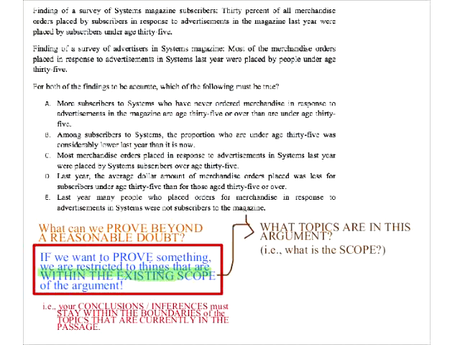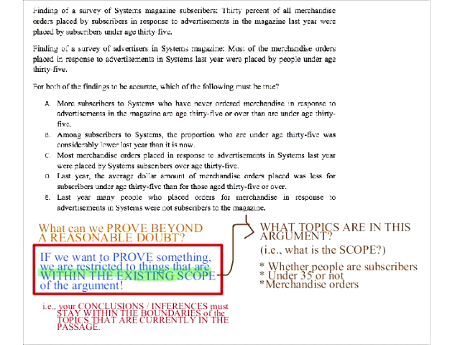Well, 30% of all merchandise orders placed by subscribers and under 35. So whether people are subscribers, whether people are under 35 or not, and merchandise orders. This is it. This is the entire scope of the passage.